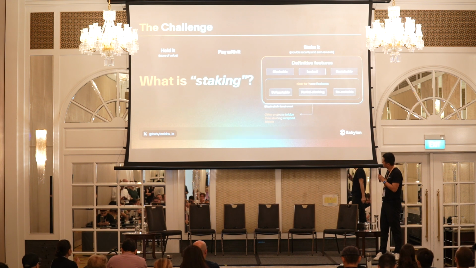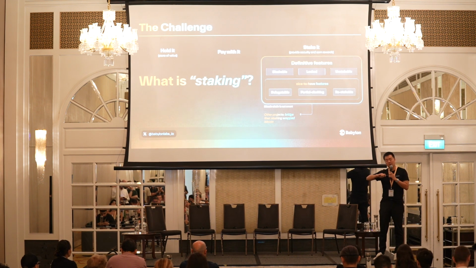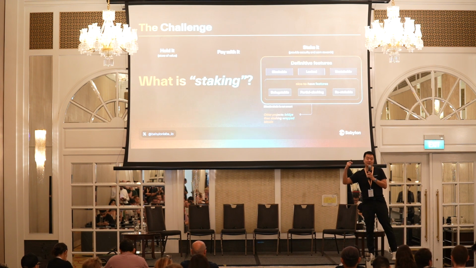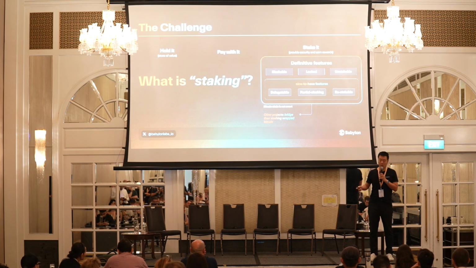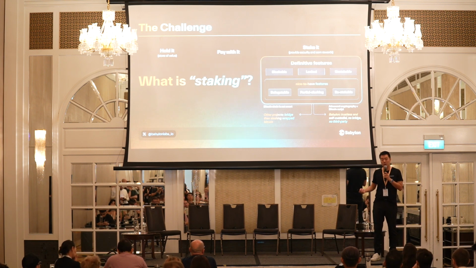Before Babylon, there were already other projects trying to do Bitcoin staking, but most of them have to bridge Bitcoin to a smarter chain and use the wrapped Bitcoin there as the staking asset. As we just established earlier, this is not trustless. This is not native. So what Babylon does is to use advanced cryptography and Bitcoin's built-in scripting language, the opcodes in Bitcoin, to construct a Bitcoin staking contract on the Bitcoin chain.